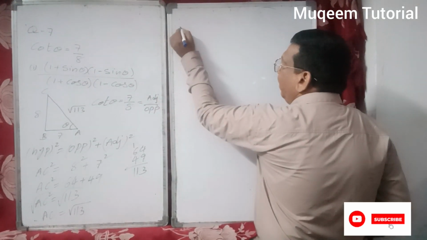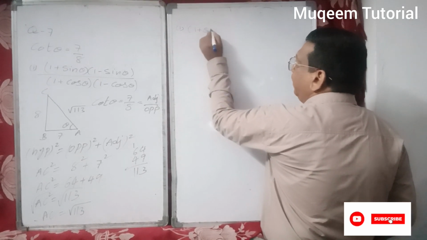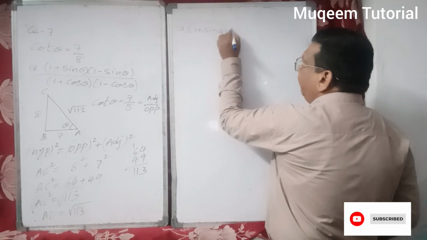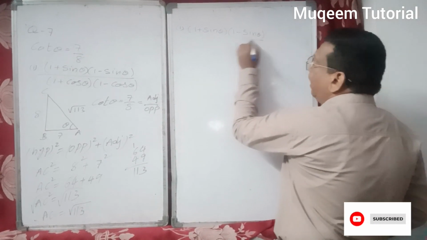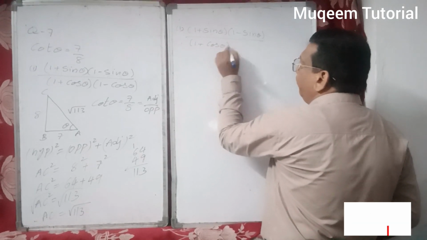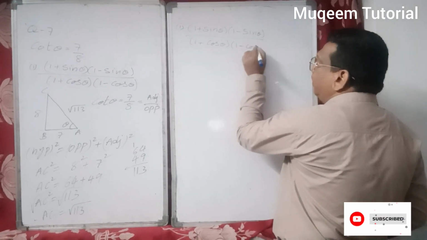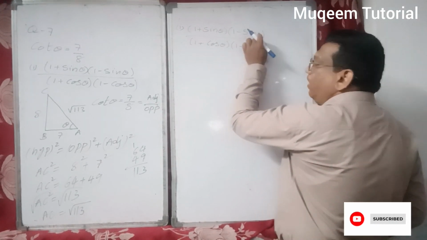The question number 1 is given: (1 plus sine theta) into (1 minus sine theta) by (1 plus cos theta) into (1 minus cos theta). So this is 1 plus sine theta, 1 minus sine theta.